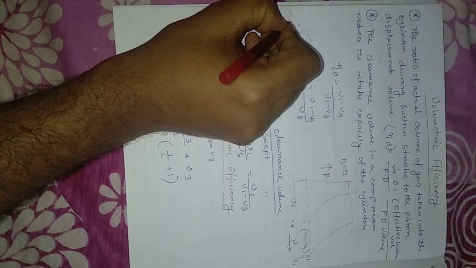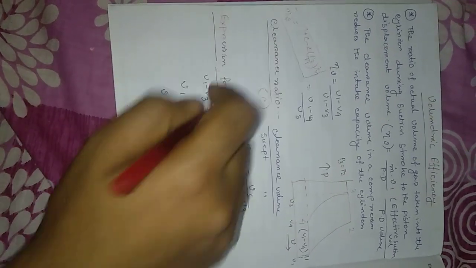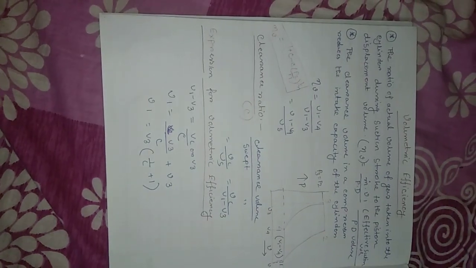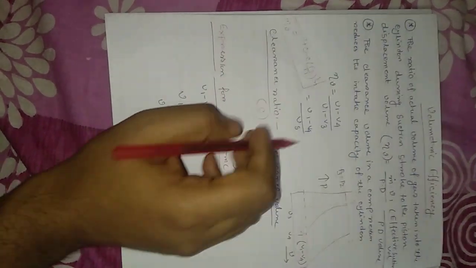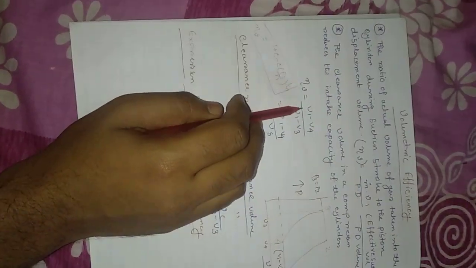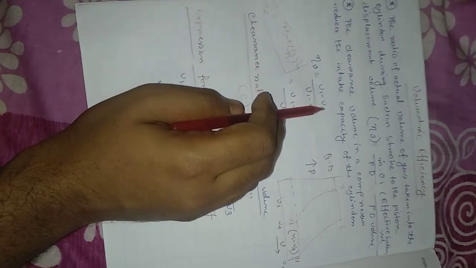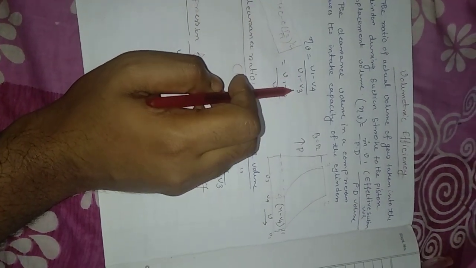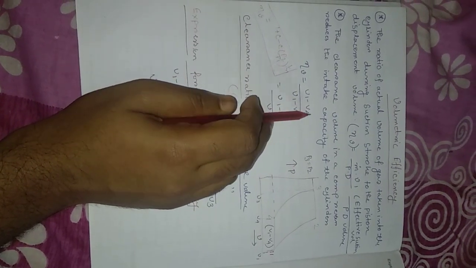Now, volumetric efficiency is 1 plus C minus C into (P2 by P1) to the power 1 by n. Volumetric efficiency is also written like this: V1 minus V4 divided by V1 minus V3.